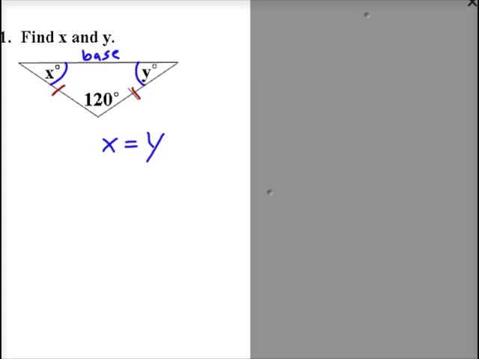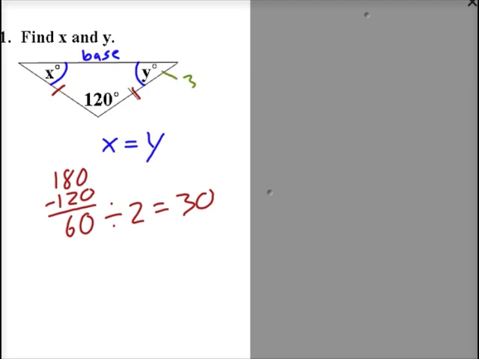Now, using the triangle sum theorem, all three of these angles need to add up to 180, which means x and y together, well, 180 minus 120 is 60 degrees. And so angles x and y have to share 60 degrees equally. So x and y are the same. If we divide 60 by 2, then we get 30 degrees. So each angle x and y is equal to 30 degrees.